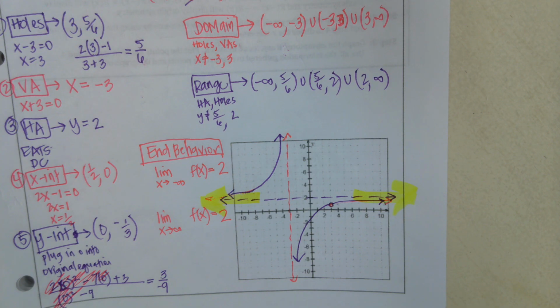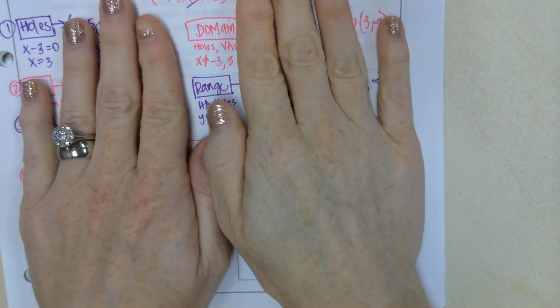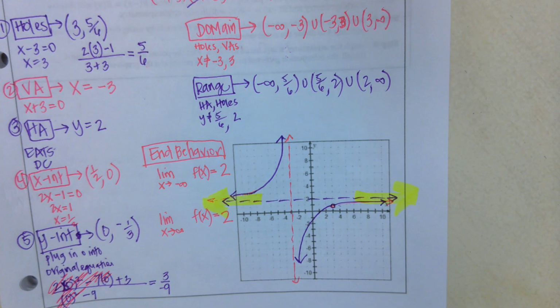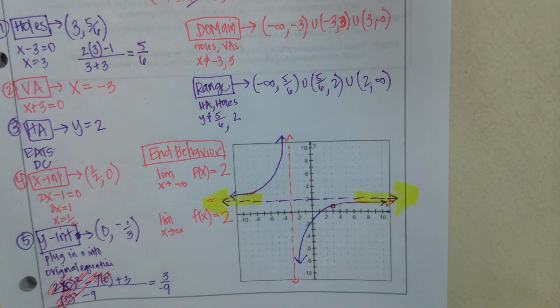So you have all day tomorrow and all day Wednesday to do these questions. All I'm asking you to do is identify holes, identify vertical asymptotes, intercepts, things like such.